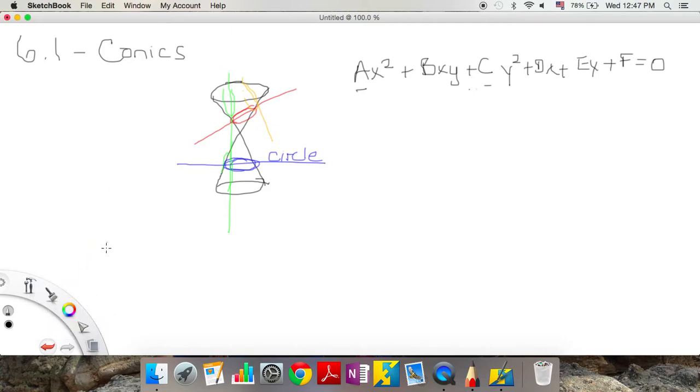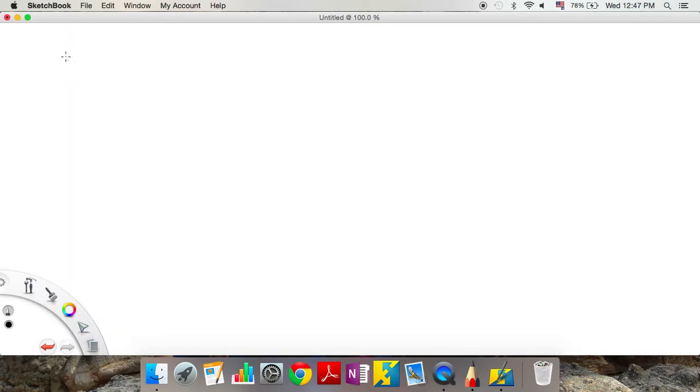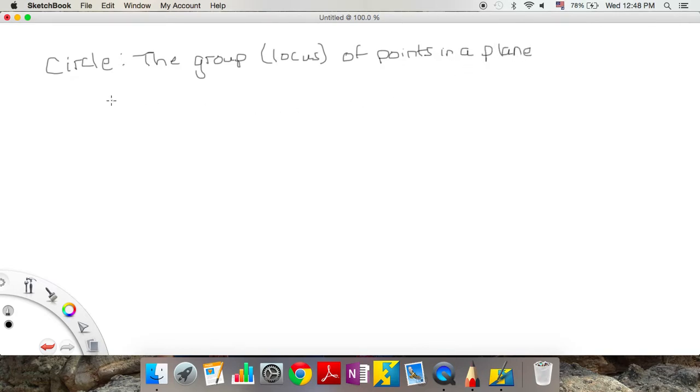So the main conics covered in this section is a circle. So what is a circle? Well, you may say that you already knew what a circle was, but I bet we don't quite remember. A group, or in math terms, we call it a locus, of points in a plane that are equidistant from one point.